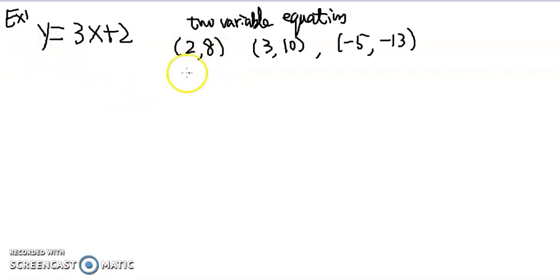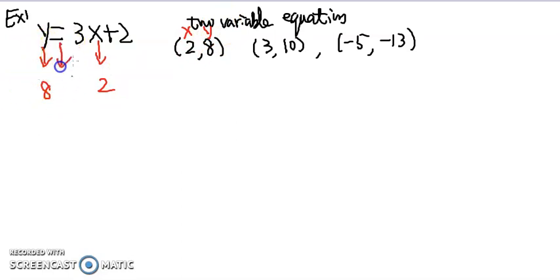So how do we check that? All we need to do is plug the numbers into the equation to verify whether it will satisfy the equation. And remember, the first number always represents the x coordinate, or the value of the solution for x, and the second number is y. So in this case, we replace x with 2 and y with 8.